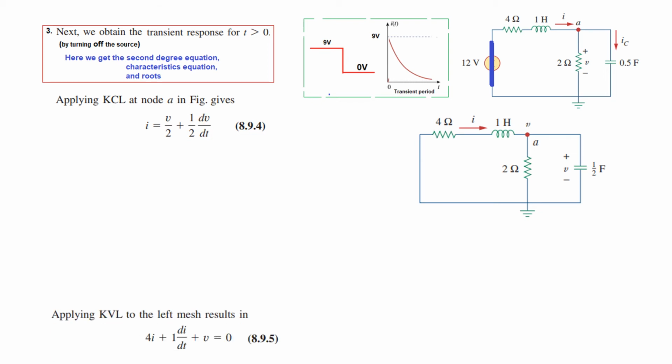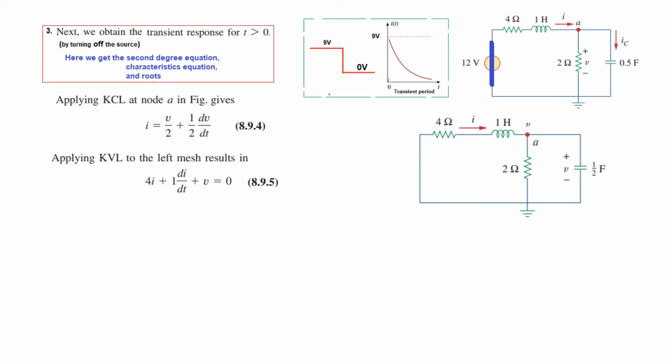The other equation we can find from the left mesh by KVL. So we can write it as 4I plus, now this voltage, we know VL is L di/dt, so we can write it as 1 di/dt, and plus this voltage here V. So plus V is equal to 0. I hope you can follow how to write KVL, this one.